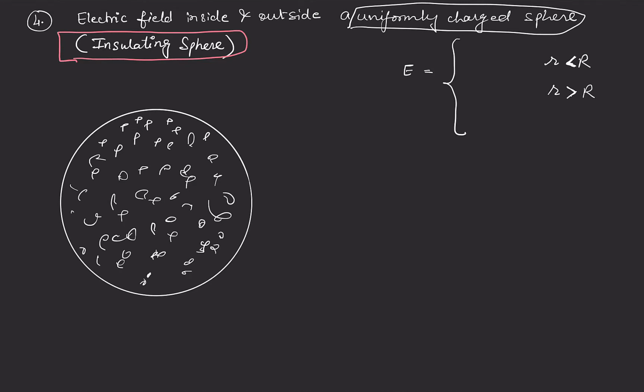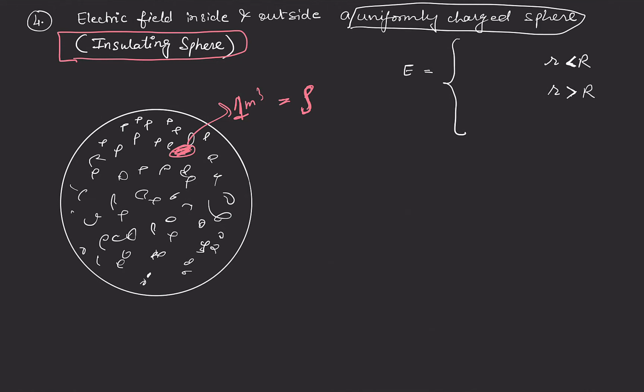So this is 1 meter cube volume. The amount of charge in this 1 meter cube is given to be rho. Rho means the amount of charge per unit volume, so the unit is coulomb per meter cube.